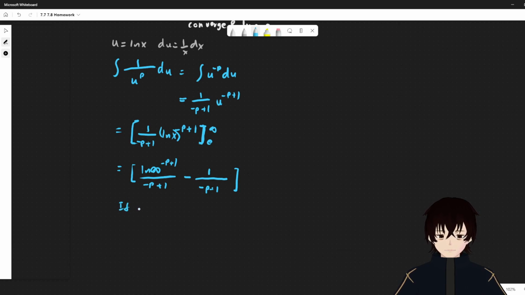If... Am I doing this right? Yeah, if p equals 1, then as our variable x approaches infinity, then wait, if p is equal to 1, we don't need natural log here.